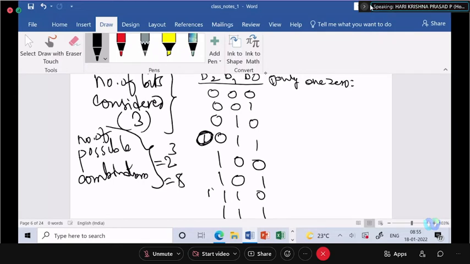This is another combination. So such combinations are 2. Next is, in how many combinations do I have only 2 zeros? Oh, I missed one. Correct, correct.